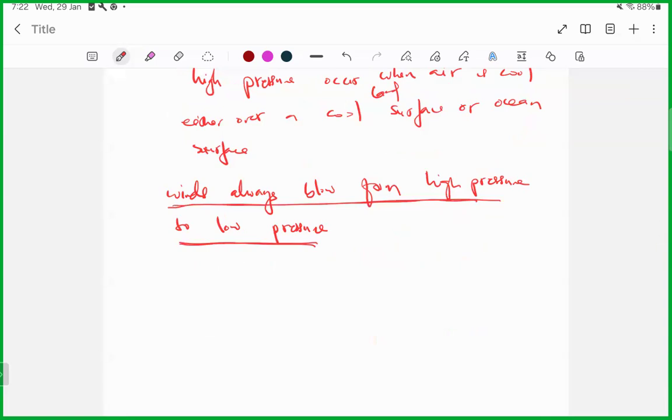Another phenomenon which affects the wind's movement is the Coriolis force.